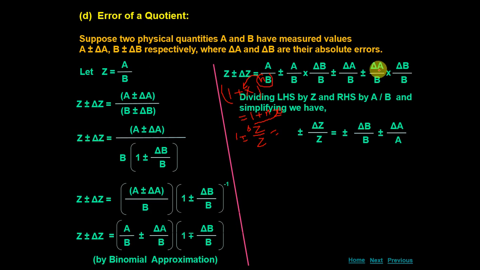And again the delta a delta b term is going to be very very small, so we will neglect it. So the delta a delta b term will be neglected.